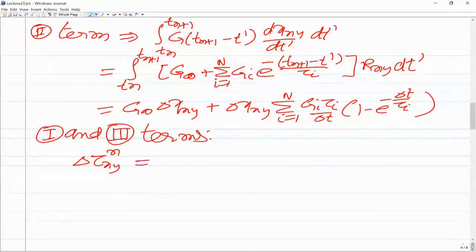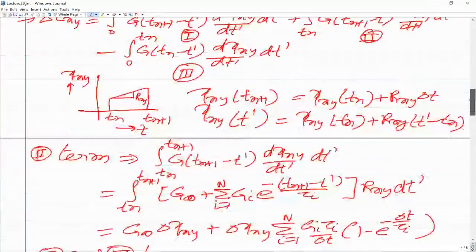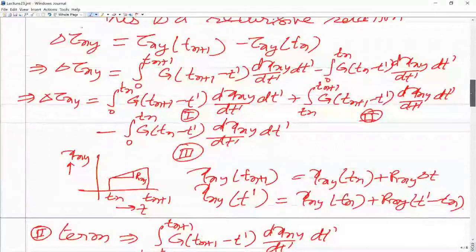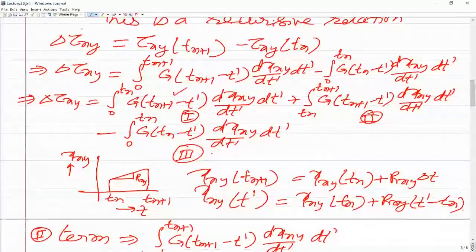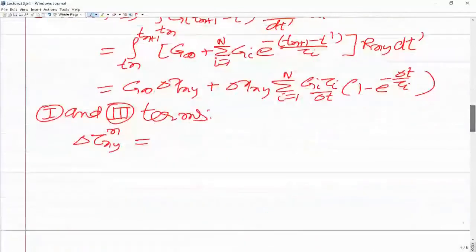So by definition, if you look at what we have already seen, the first and third terms, this is the first term and this is the third term. In this you can take d gamma xy by dt dash as common, because both the integrals are from 0 to tn.